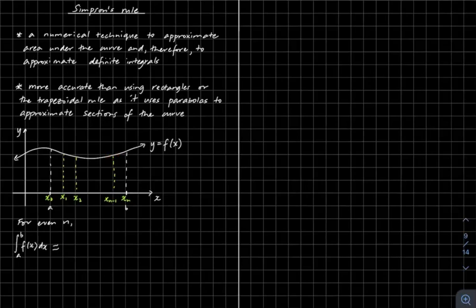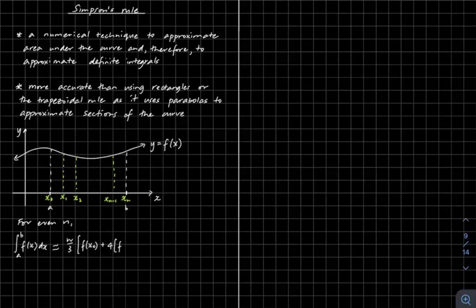So we need an even number of strips. Our rule says that it's going to be w over 3, where w is the width of any of these strips. We're going to evaluate the function at x0, and then plus 4 times the values of the function at all the odd numbered values of x.